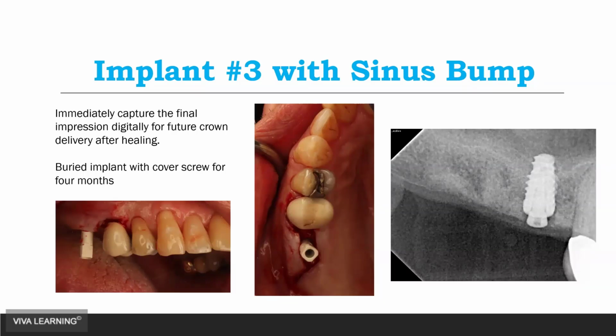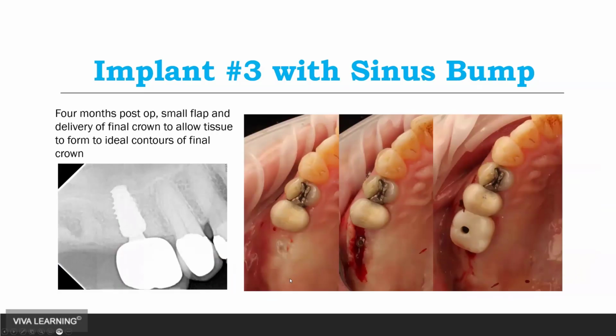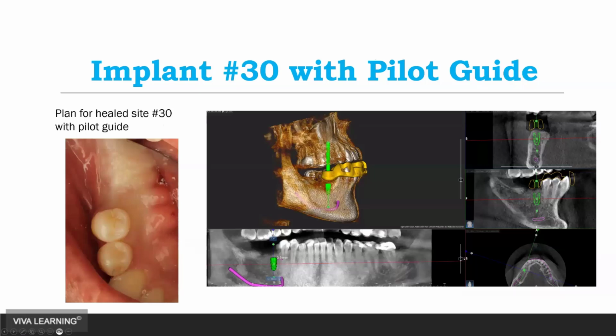So when they come back at whatever timeline you decided, we simply make another incision, re-expose the implant, and place the crown. And you'll never have a better tissue adaptation than if you just allow the crown to be the tissue healer. So it works great in posterior cases, but you can keep it really simple. It's kind of the quote unquote 2-visit implant, as it were.